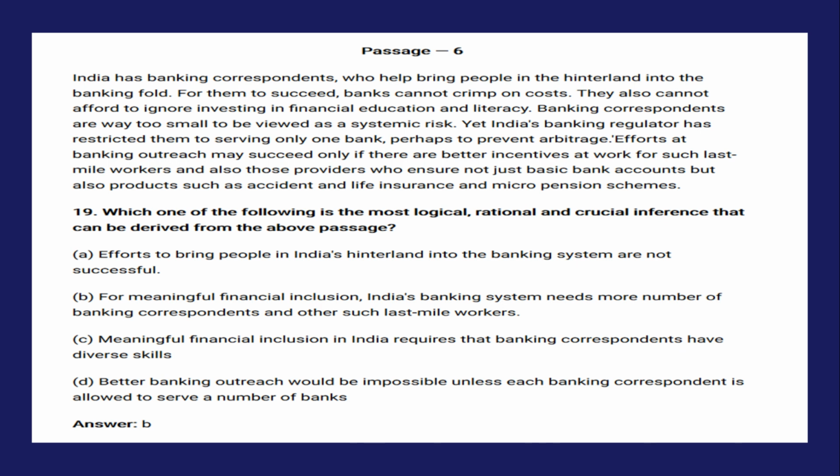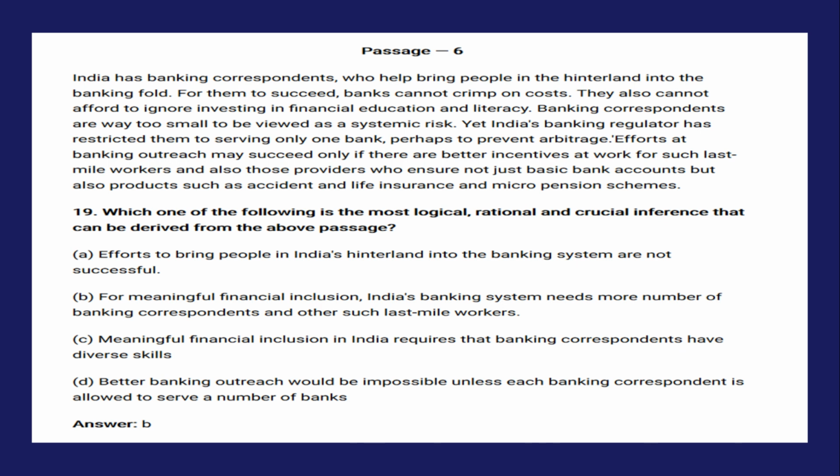Yet, India's banking regulator has restricted them to serving only one bank, perhaps to prevent arbitrage. Efforts at banking outreach may succeed only if there are better incentives at work for such last mile workers, and also those providers who ensure not just basic bank accounts but also products such as accident and life insurance and micro pension schemes.